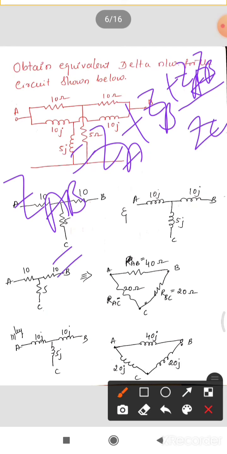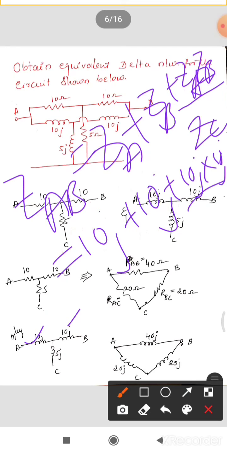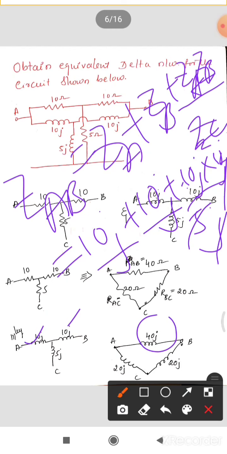ZA is 10j, ZB is 10j, plus 10j into 10j divided by 5j. The j cancels, 5 twos are 10, 10 twos are 20j. 20j plus 10j plus 10j is 40j.